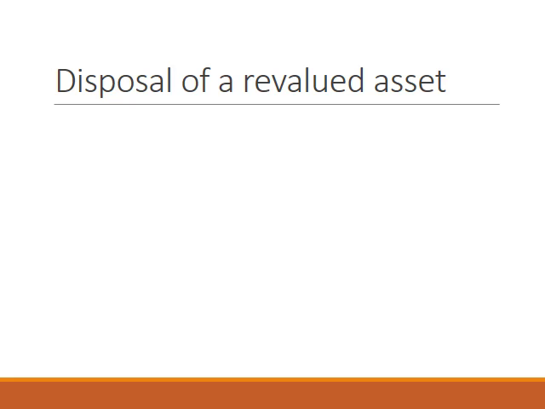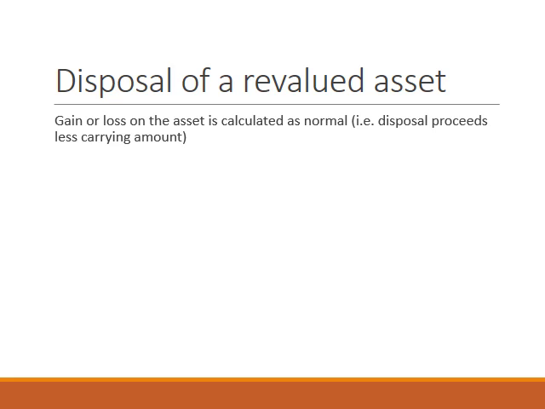Where it's the case that we then dispose of a revalued asset, we calculate the gain or the loss as normal. So we calculate it as the disposal proceeds less the carrying amount. Gains and losses are reported in the comprehensive income statement as they would normally.